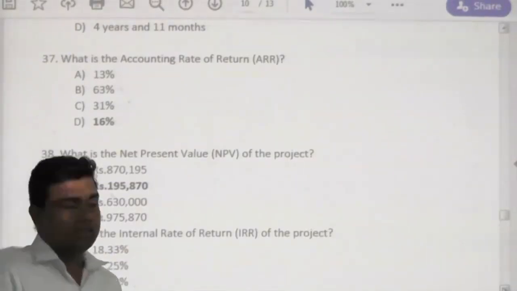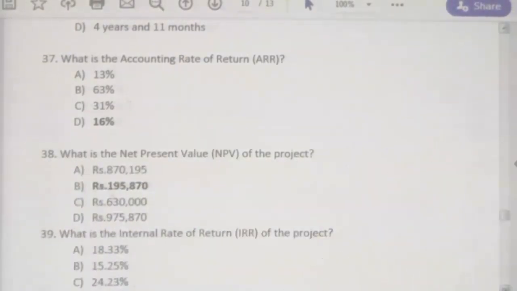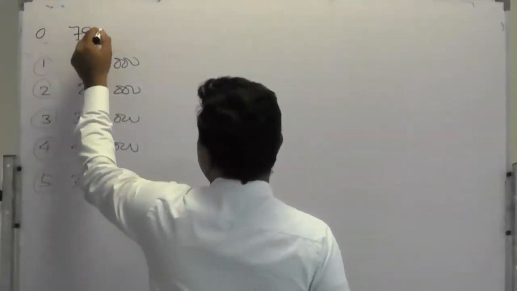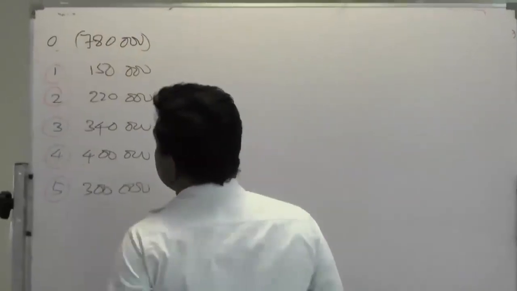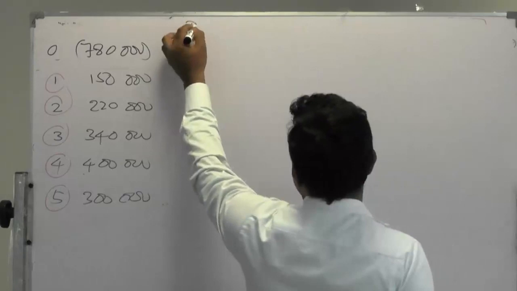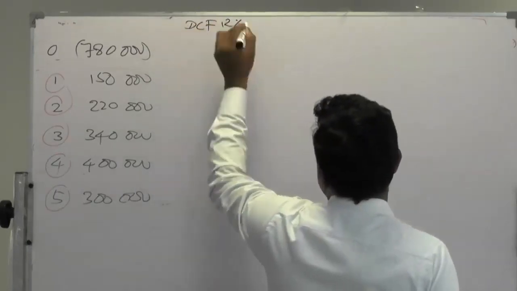Let's calculate both in the same table, then we can easily solve these questions. I have already erased the previous present value calculation, but you will have the present value tables in the exam, so don't worry. Therefore, find out the net present value at the discounting factor of 12%.